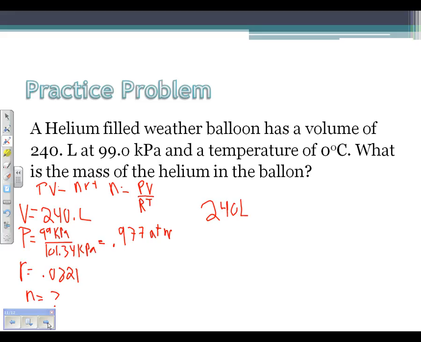When we plug the numbers in, we get 240 liters times 0.977 atmospheres divided by 273 Kelvin multiplied by 0.0821 liters atmospheres divided by moles Kelvin. The answer using the correct number of significant figures is 10.5 moles. Use the units as a way to check your work.